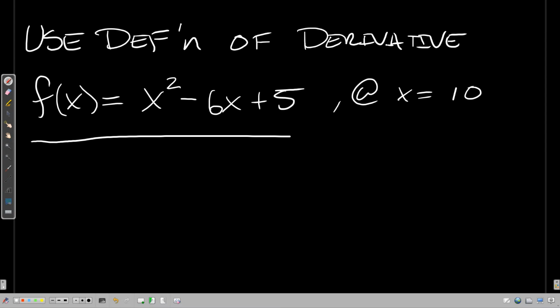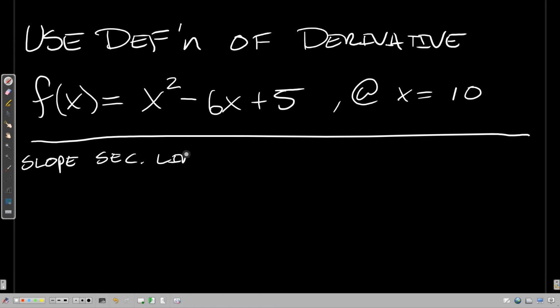But finding that derivative is the exact same problem as finding the slope of the secant line on the interval 10 to h.